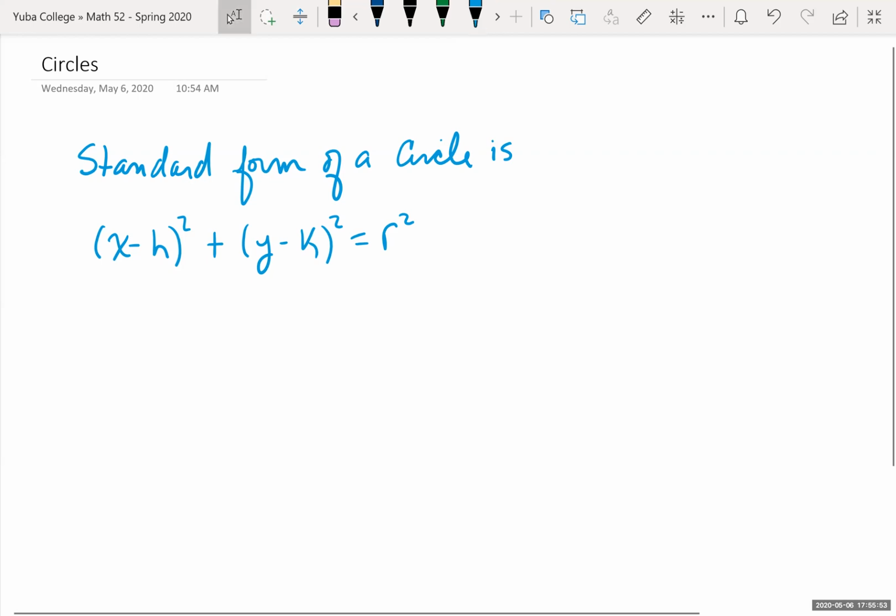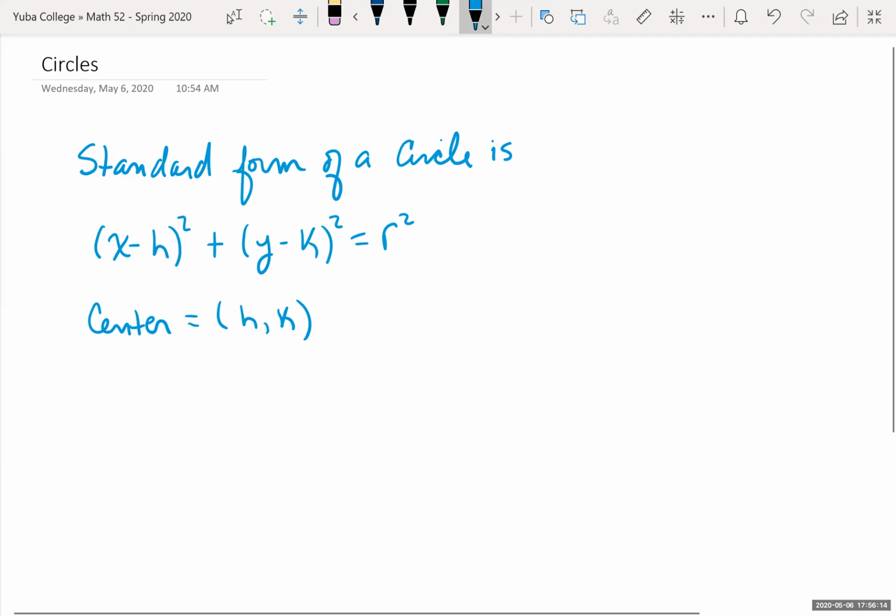So the center is at the point h, comma, k. Kind of like when we had vertex form for our parabola, we could tell what the vertex was. Remember the piece that was squared was always the opposite side.